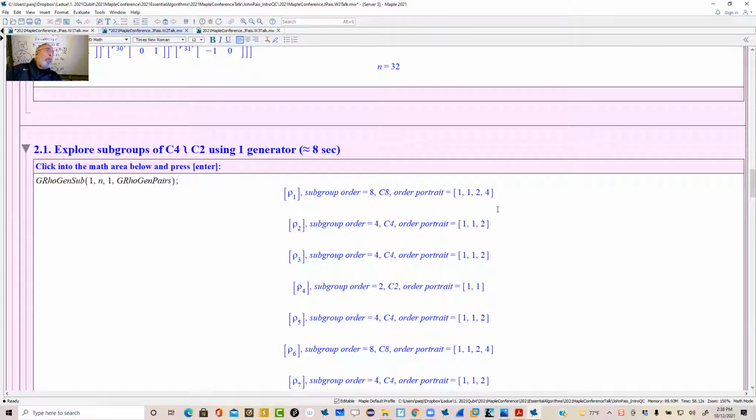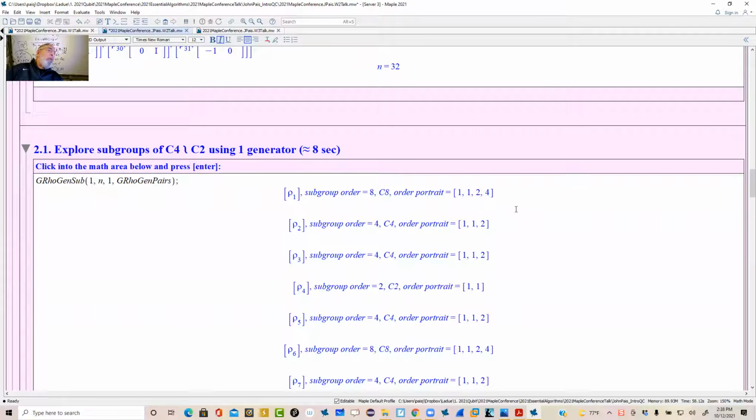Now, it turns out these are all P groups where P is 2. So this is the number of elements we have of order 2 to the 0, the number of elements we have of order 2, order 4, order 8. So that's what an order portrait is for these groups. And so you get those.